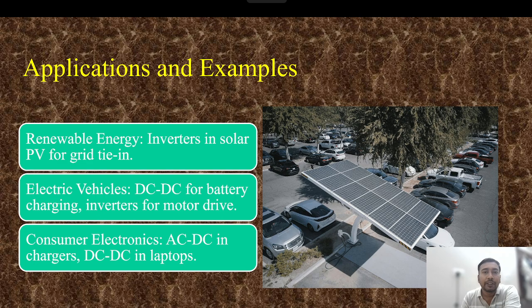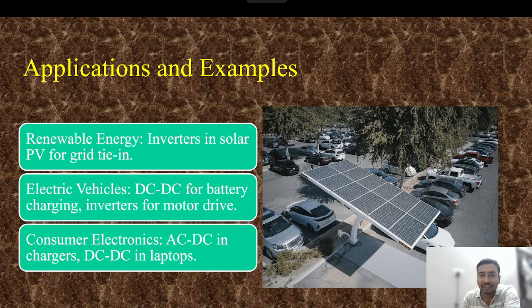Next is the application and example. You will find power converter applications in renewable energy, electric vehicles, consumer electronics. Everywhere today, there is a power electronic converter. Like we have already discussed, you can see in this image a charging station in which a solar panel is used to charge the car.